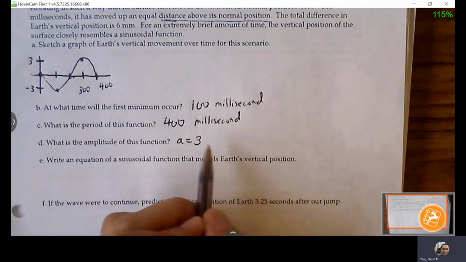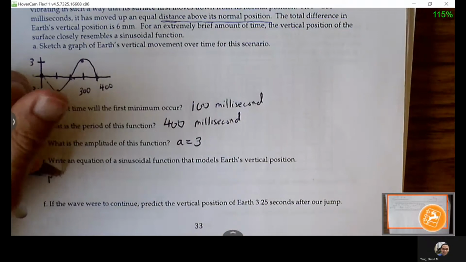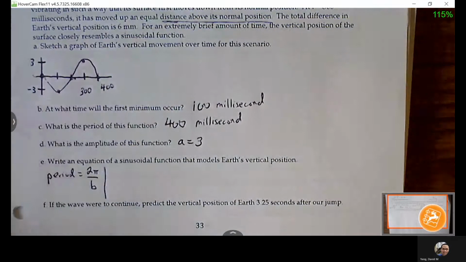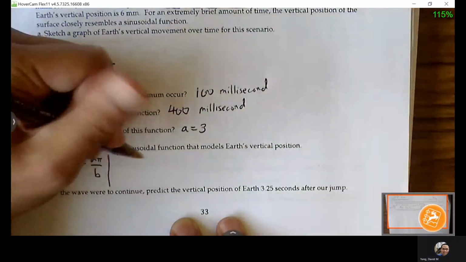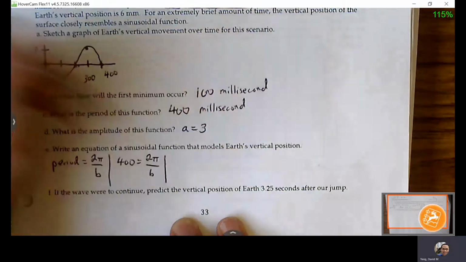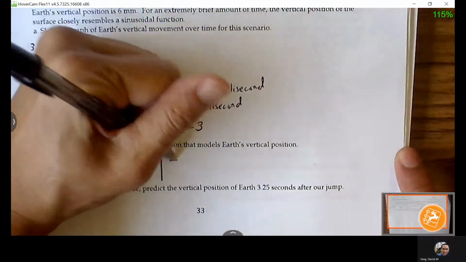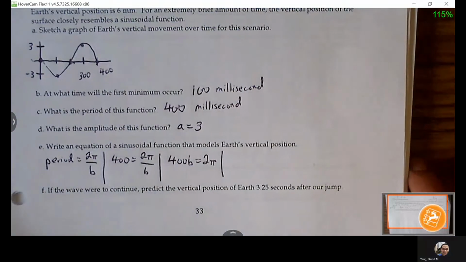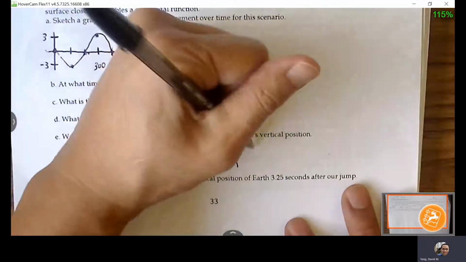Okay, write an equation, we can find our B value going through our period formula. Right, cross multiply. Divide by 400.